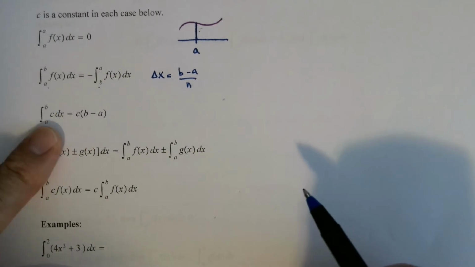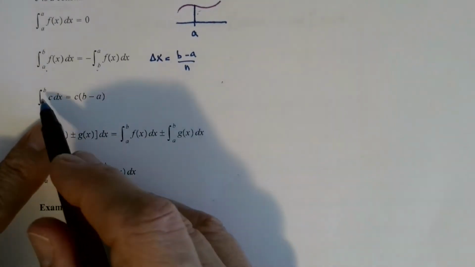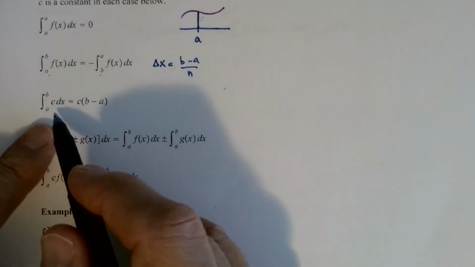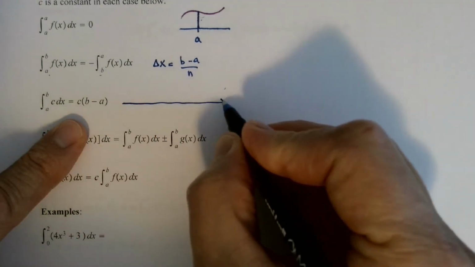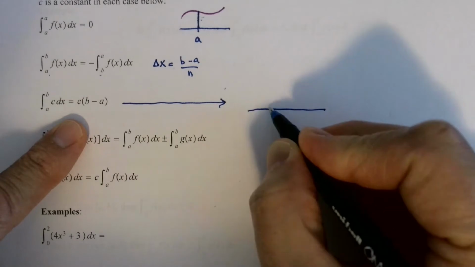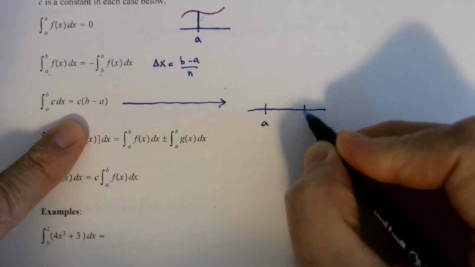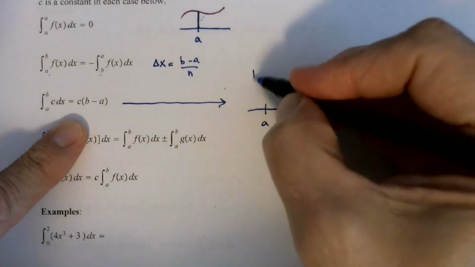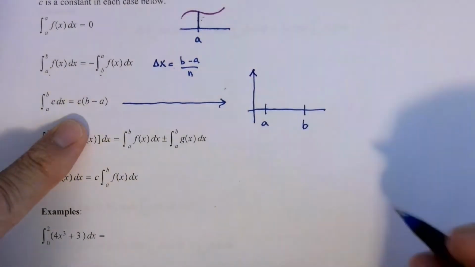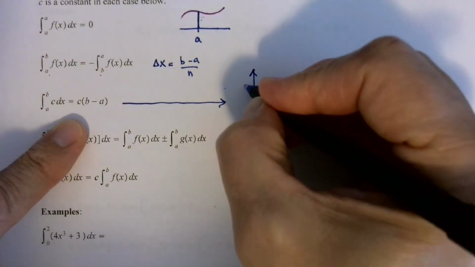So all the delta x's would be equal to a negative number. The integral from a to b, where c is a constant, of any constant is equal to c times b minus a. And that comes from the fact that if I look at a function over an interval from a to b, where b is bigger than a, and I look at a constant function. What's the graph of a constant function look like? Well, it's a horizontal line, isn't it?